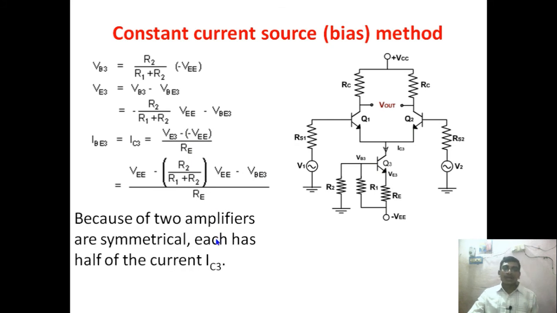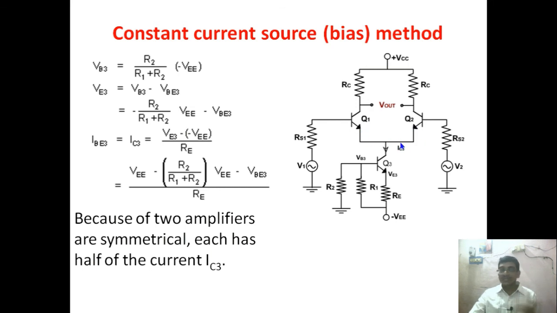Because we have two amplifier sections here and these two sections are symmetrical, each has half of the current IC3. This IC3 current is a combination of the emitter current of Q1 and the emitter current of Q2.